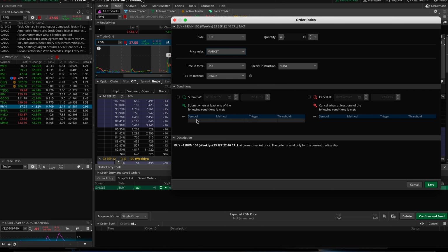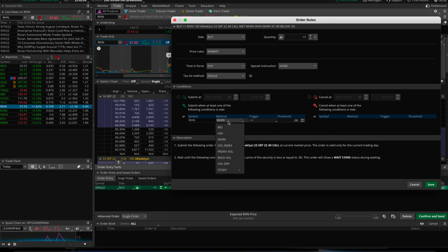But here's kind of where the magic part about the conditional orders comes in. You can say, I want to take Rivian only if Rivian is above, and you guys kind of remember your seventh grade math or third grade math, wherever it is we talk about greater than, less than, right?